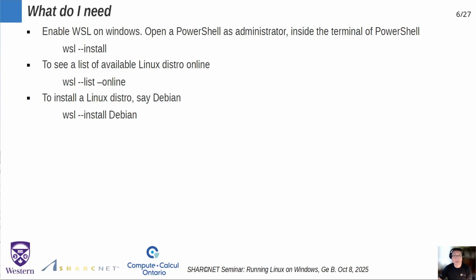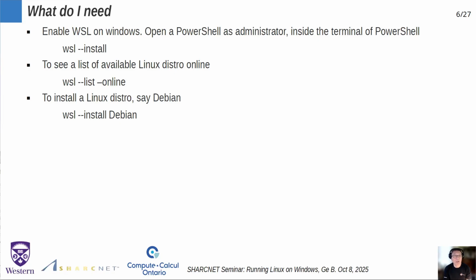And then in a few moments, it should be installed smoothly with Windows 11. And then you can type the command wsl --list --online. You will see a list of available different Linux flavors for Windows Subsystem for Linux. And then you can pick and choose.